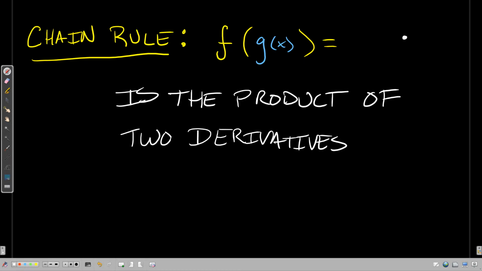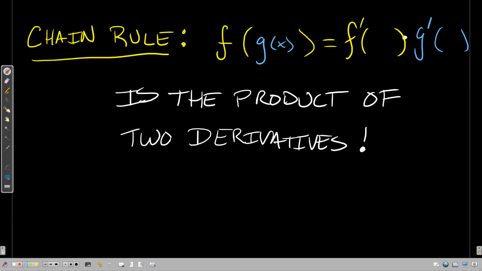But the chain rule is just the product of two derivatives. I need to know f prime, and I need to know g prime. Only thing is, these guys don't get evaluated at x.